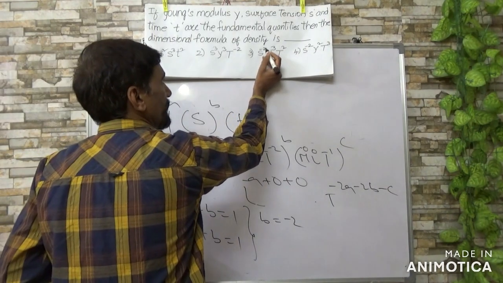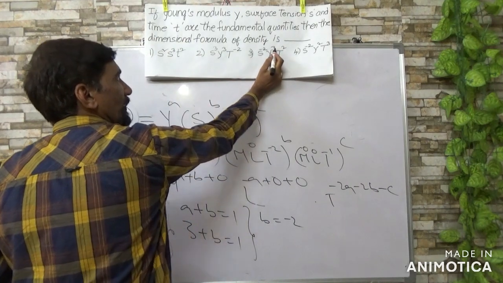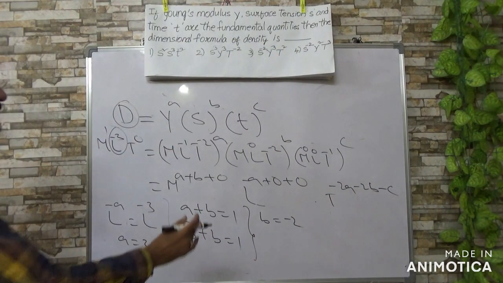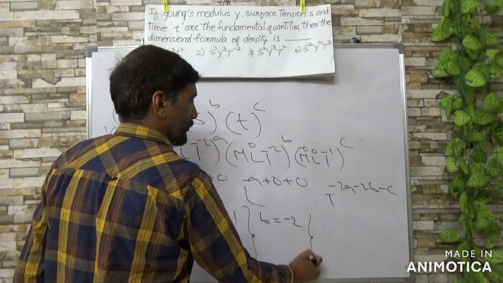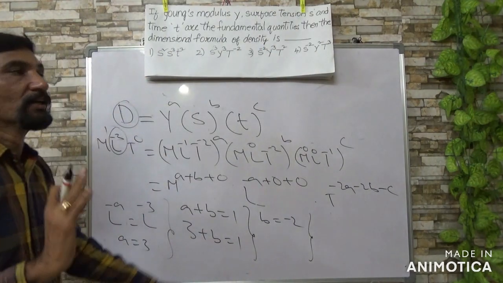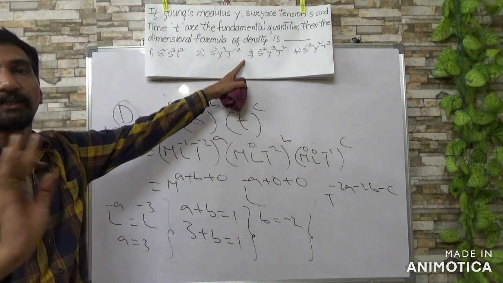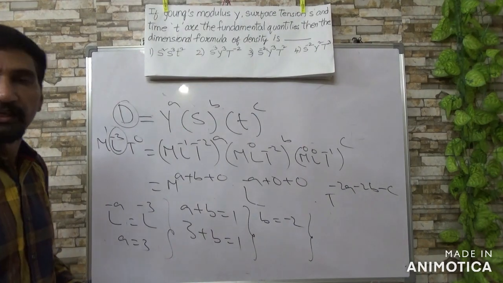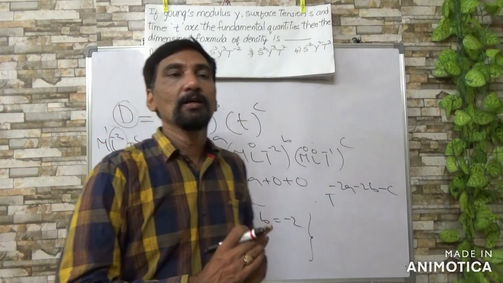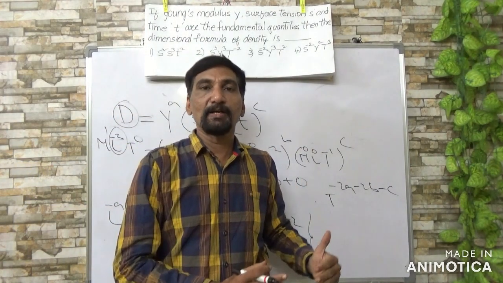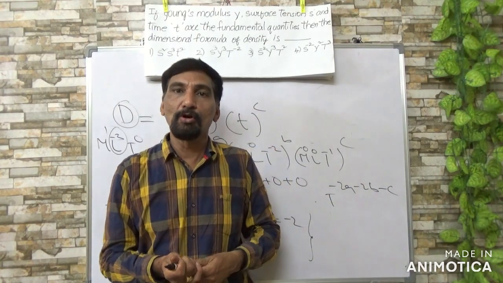So surface tension power minus 2, Young's modulus power 3. That means you need not solve C also. By looking at the options we can say the third one is the correct one. In this way you can easily solve any problem by sometimes verifying with options also.